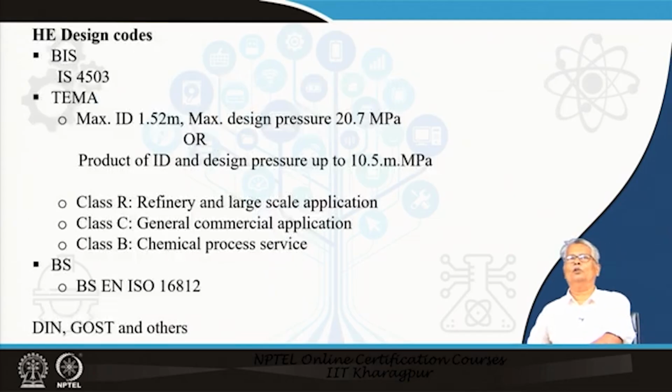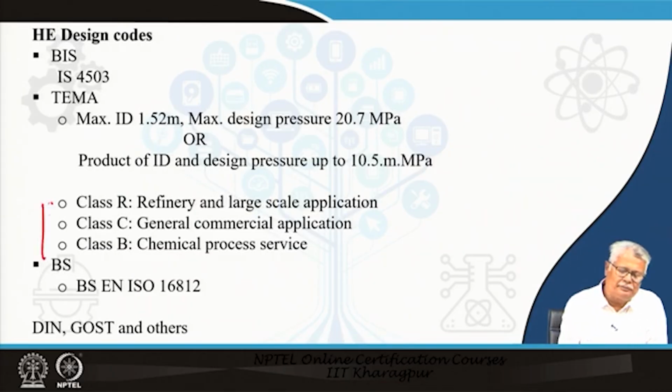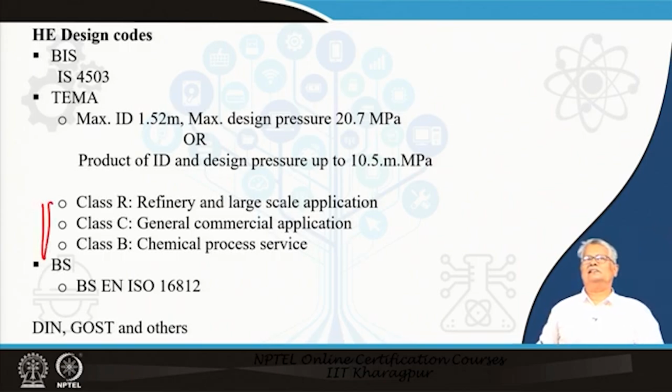Regarding the code which is followed for designing, the first is the Bureau of Indian Standards, which is IS 4503. The world over, the Tubular Exchanger Manufacturers Association or TEMA, Class R, Class C and Class B codes, these three codes are almost universal. They are used the world over.